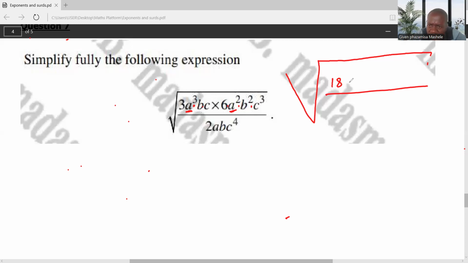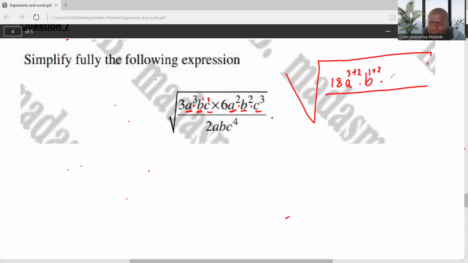The base is a, so we add 3 plus 2. Let's look at the b. The base there is b, and b, everything is multiplication, with a power of 1 and 2. The base is the same, so we take one base and add the exponents. So it's 1 plus 2, which is actually 3. Same applies with c. C there and c there.